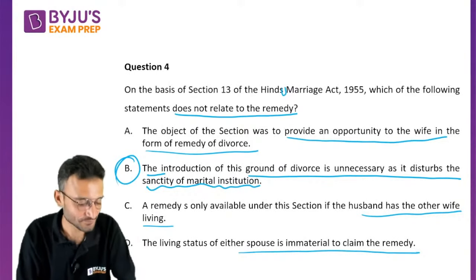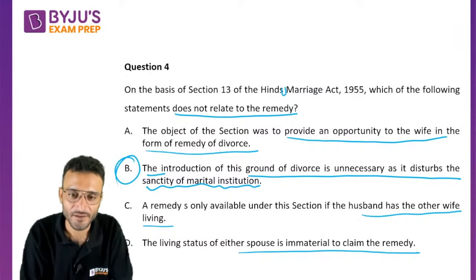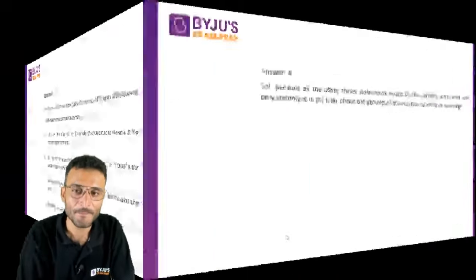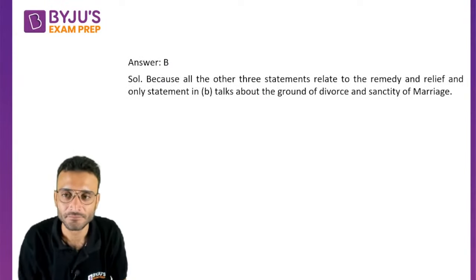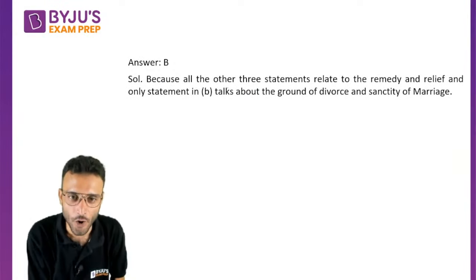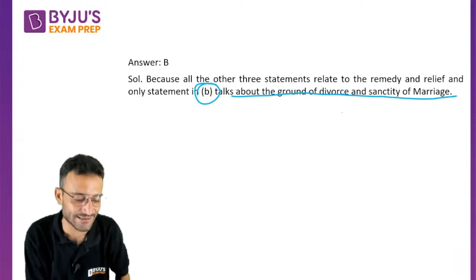Is that clear? So I hope you understood. Please read the answer. It is only option B that is talking about ground of divorce and sanctity of marriage.